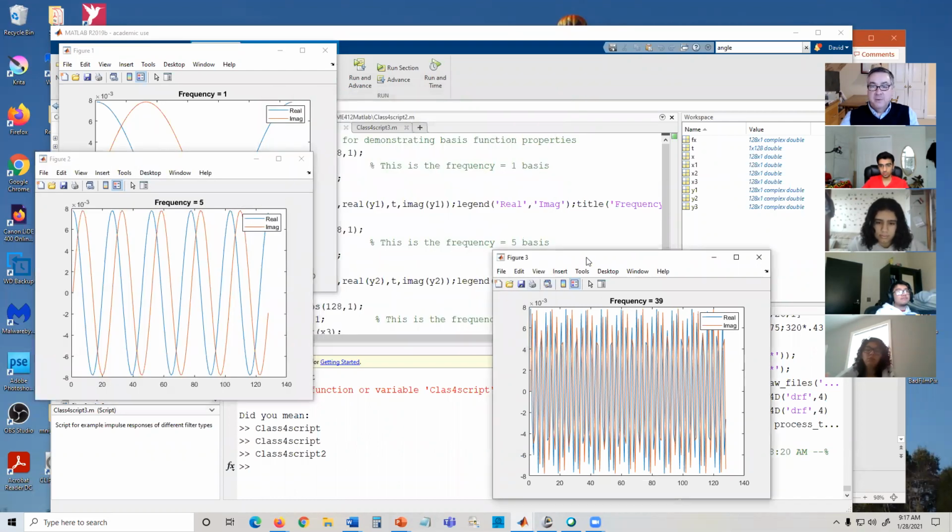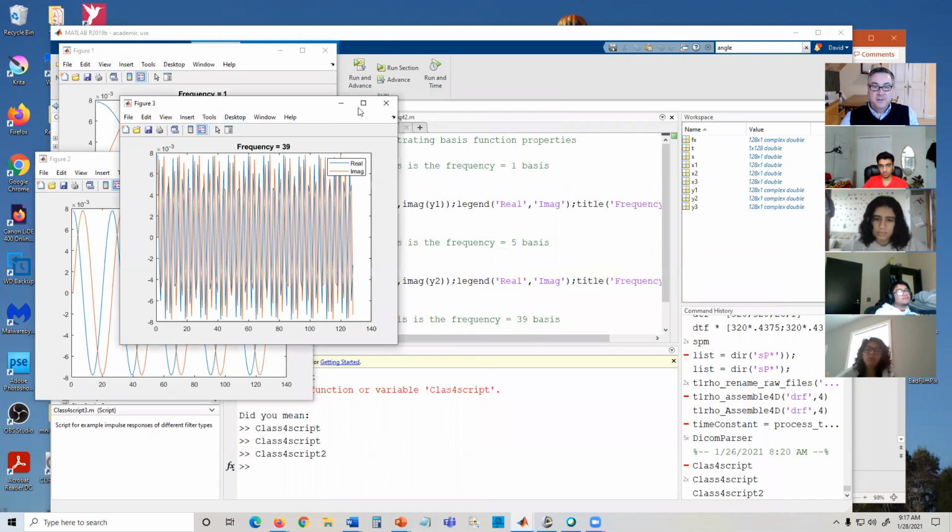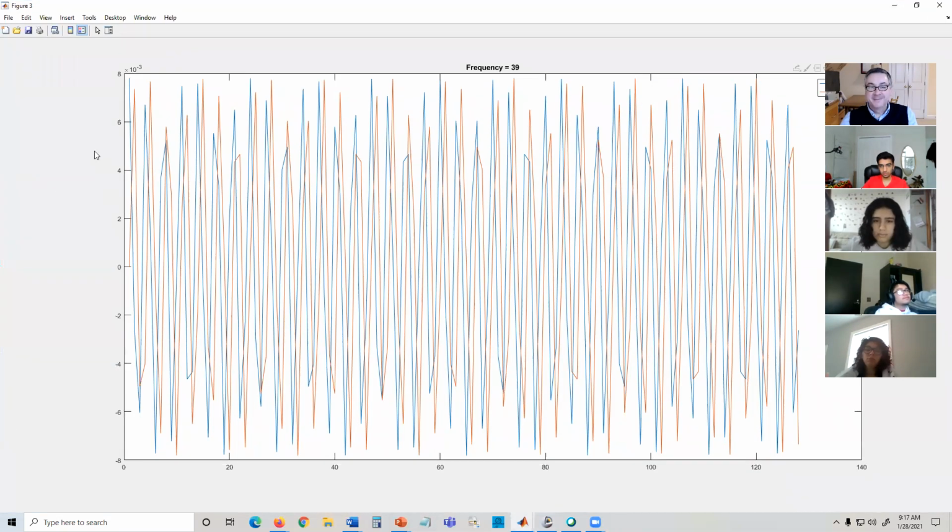And then we have frequency equal to 39, which doesn't look quite as pretty. I'm not going to count them. You can take my word for it that that completes 39 cycles. They aren't beautiful in the sense that they don't look exactly like sinusoids, but that actually is the frequency equal 39 discrete sinusoid under these conditions. So as far as the discrete system is concerned, that's a sinusoid.